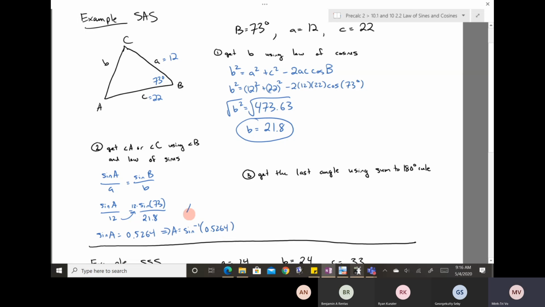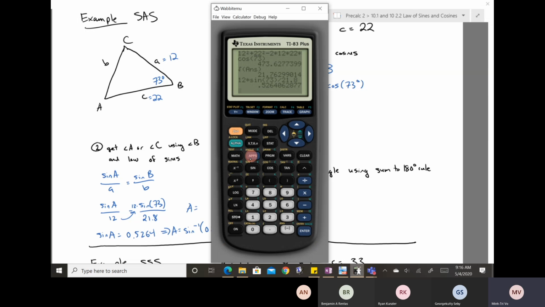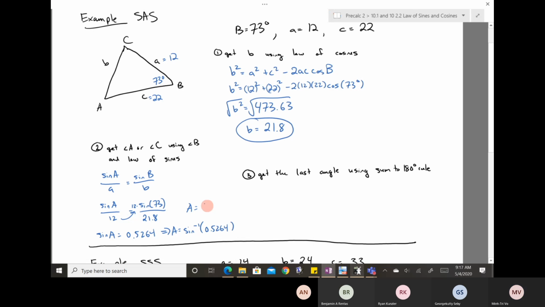So what is A? The inverse sine of this thing is about 31.8 degrees. Okay, so now we have angle A, and now we know two of the angles.